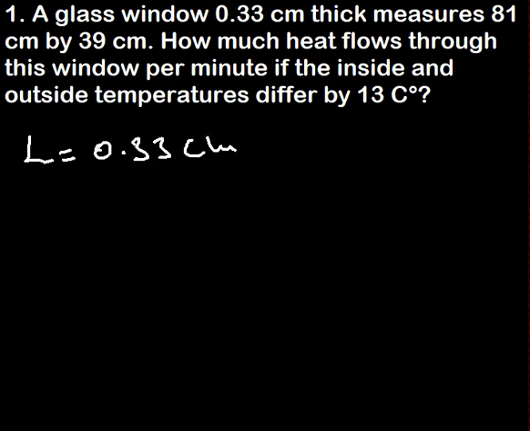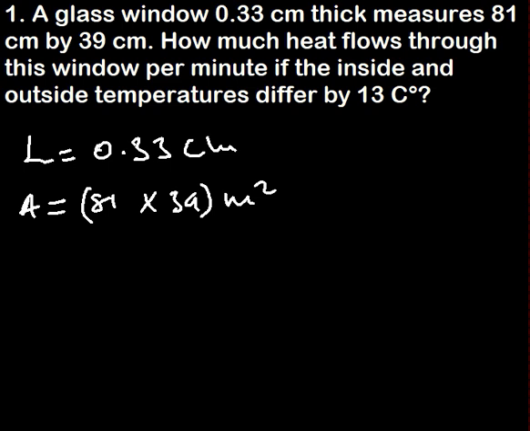Of course, it has to be in meters. And it measures 81 centimeter by 39 centimeter, and that will give us the area, that is 81 times 39. So area has to be given in meter square.